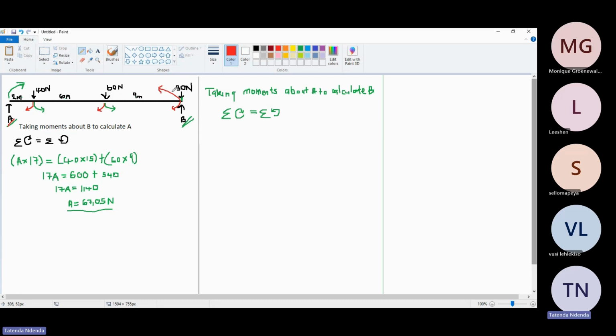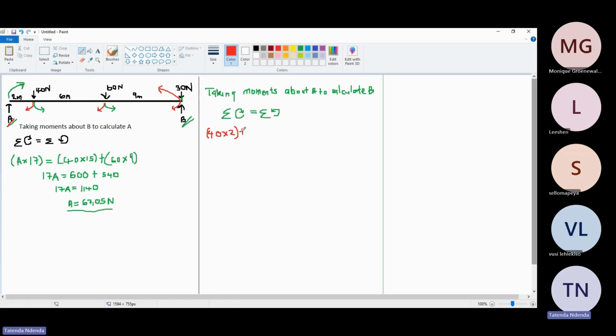The reason, guys, we didn't use 30 here, it was going to be a clockwise moment, but it was going to be plus 30 multiplied by 0 because of the distance, right? So now may I have the clockwise moments. 40 multiplied by 2.